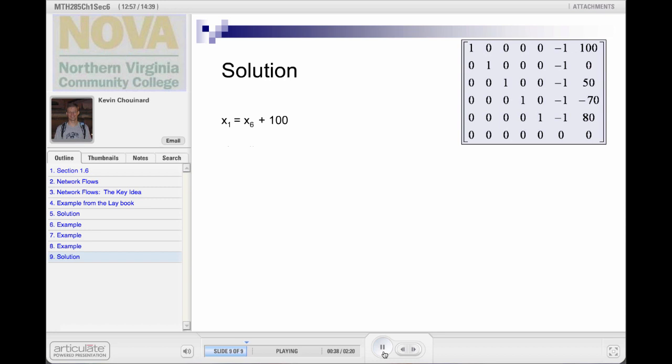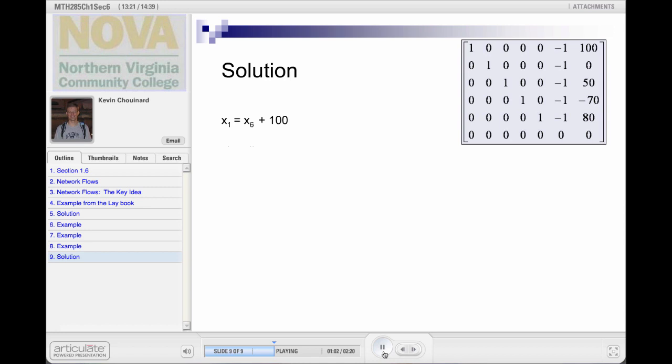Now note here, as a preview, if you look down to the 6th row of this augmented matrix, you're basically saying that x sub 6 is a free variable. And that's going to be your only free variable. So we're explaining the other 5 variables in terms of x6. So once we come up with a value for x sub 6, the free variable, the other values of the system will be predetermined.